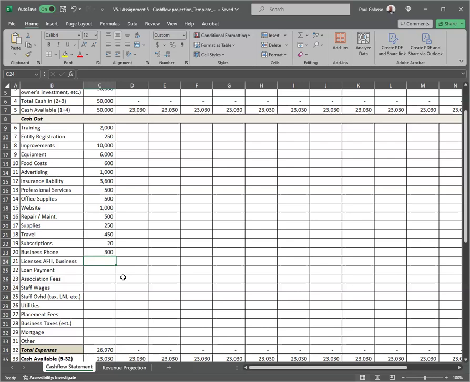Now we get down to line 21, which is licenses for your adult family home and business license. As you know, the license for the adult family home is costing $2,750. And then you are also going to need your business license. That would be the master business license through the state, as well as the local business license for the city or county that you're a part of.